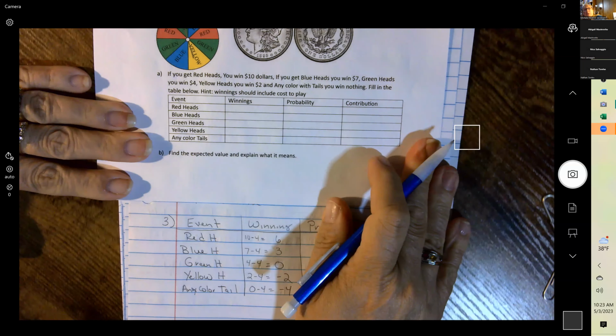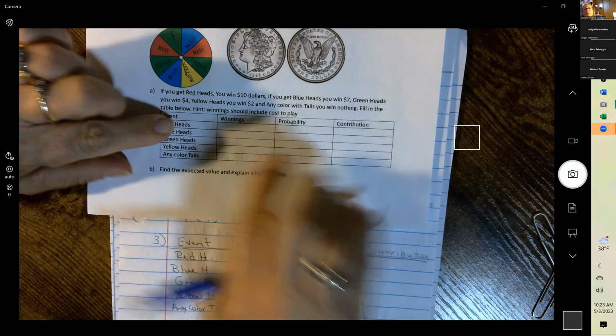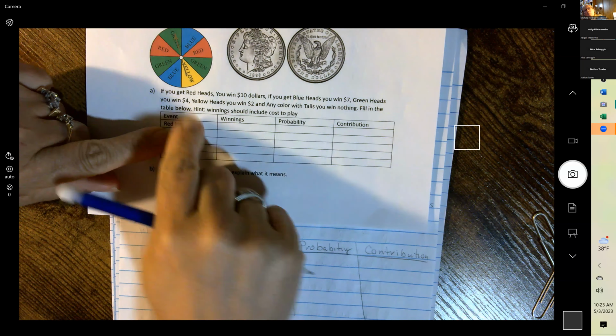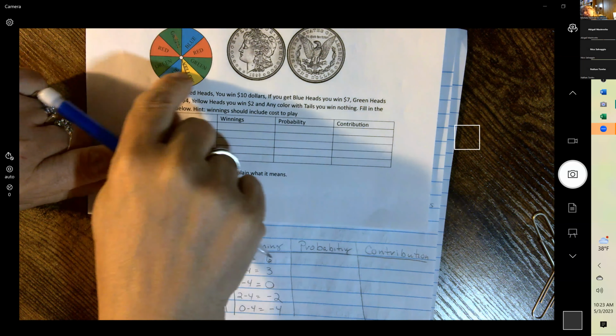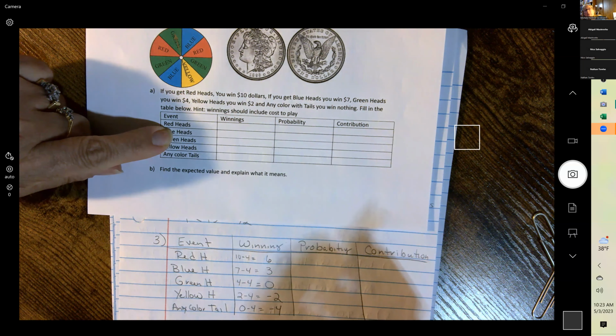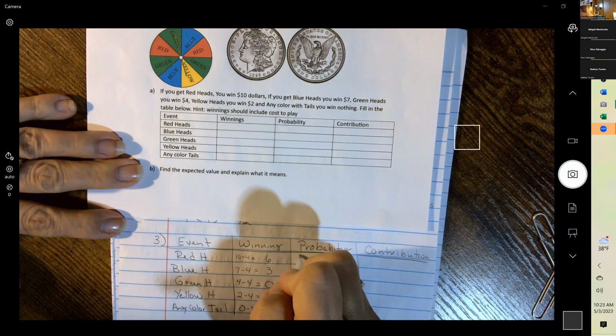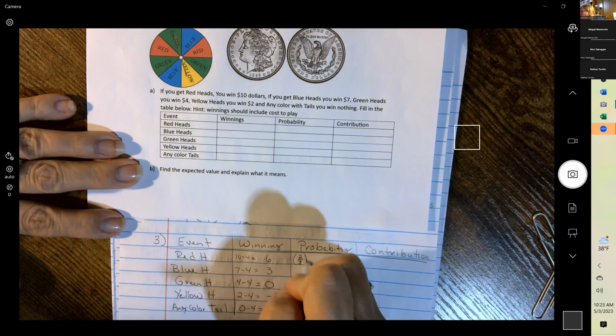If we look at the first one, I guess we do need the spinner. Red heads. What is the probability of spinning a red? 2 out of 8. And we want a heads.